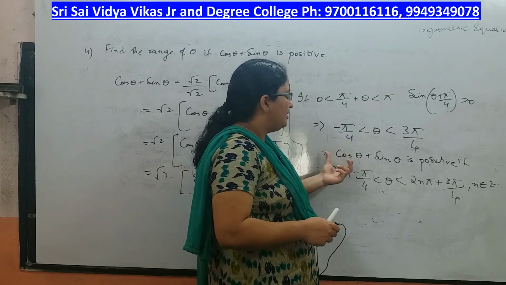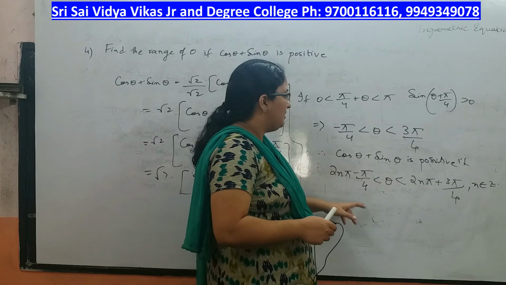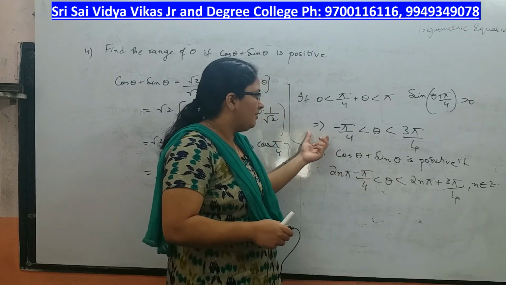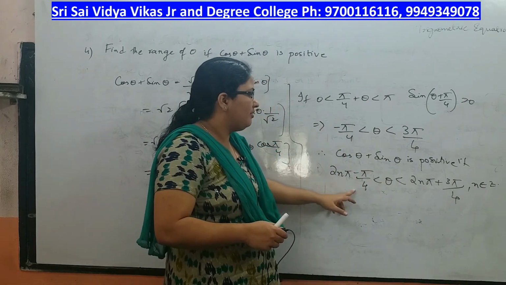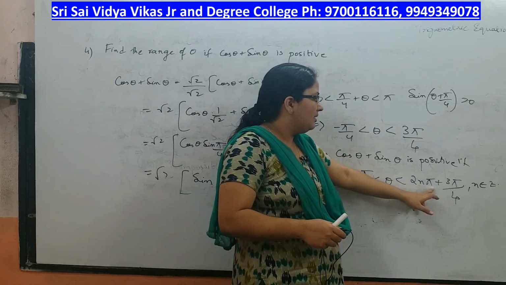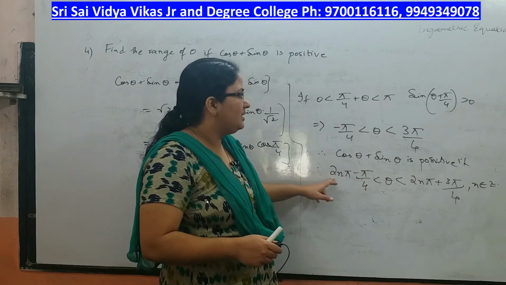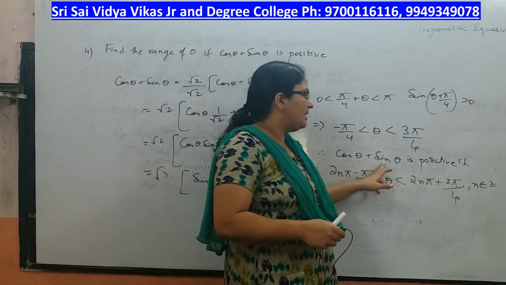If you generalize this, cos theta plus sin theta is positive if you add 2n pi: 2n pi minus pi by 4 less than theta less than 2n pi plus 3 pi by 4. This is the range in which cos theta plus sin theta is positive.